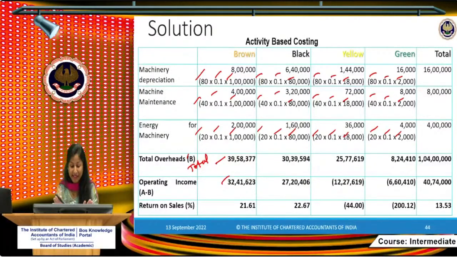And in these kinds of questions, students usually make mistakes in calculation also, because there is so much calculation involved here. So please, at least don't make calculation mistakes. Please practice more and more and use a calculator frequently. Even after calculating the cost driver rate, you put the figures in the wrong place and do all the wrong calculation.